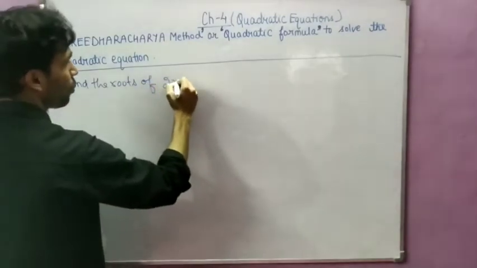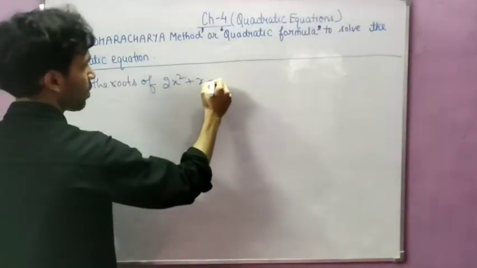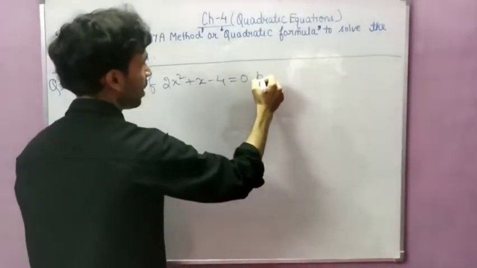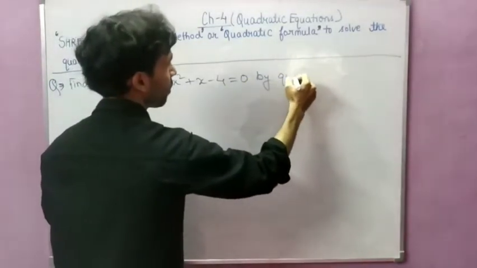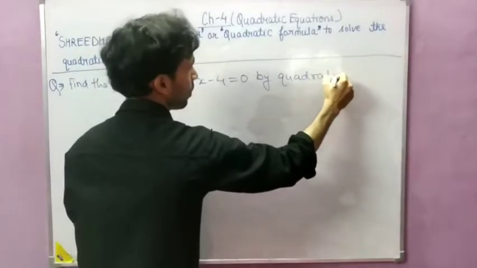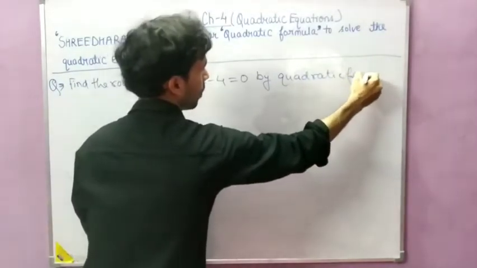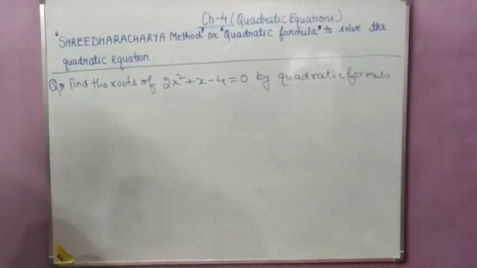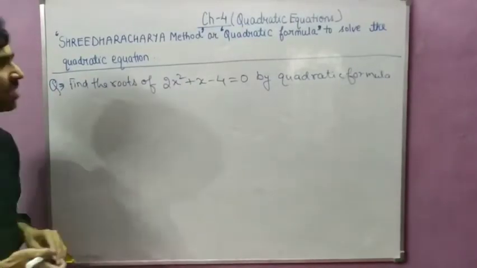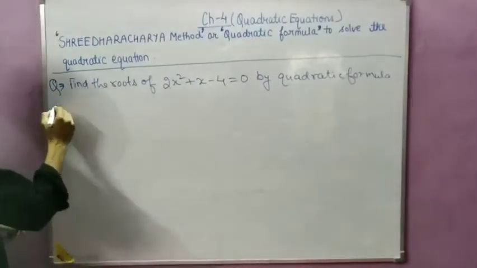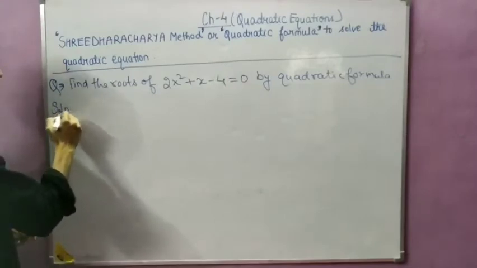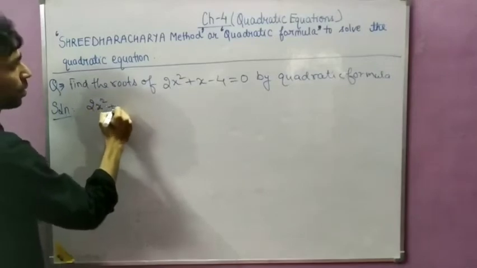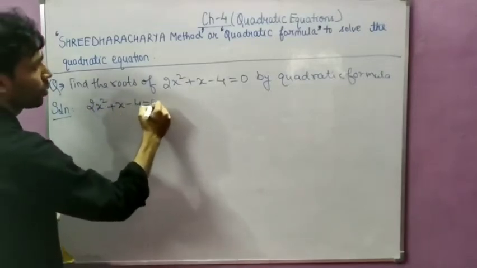Roots of 2x square plus x minus 4 equal to 0 by quadratic formula. Okay. Now students, see. Again same thing you have to do. First note down the question. When you note down the question, the equation is 2x square plus x minus 4 equal to 0.